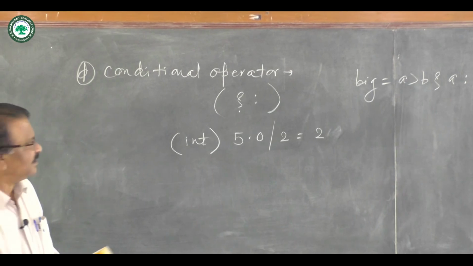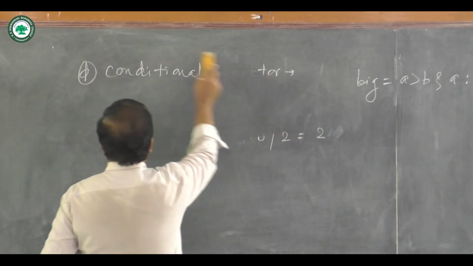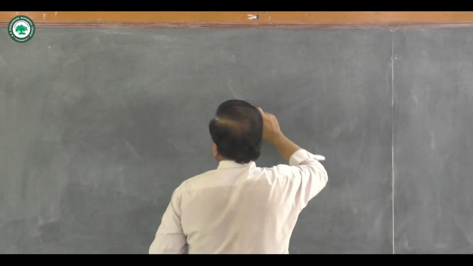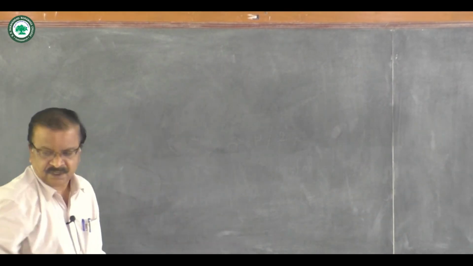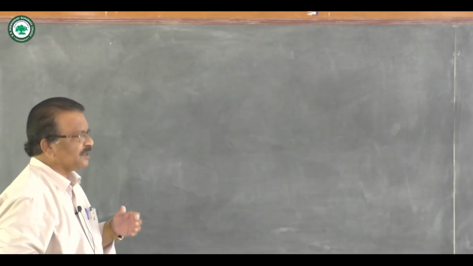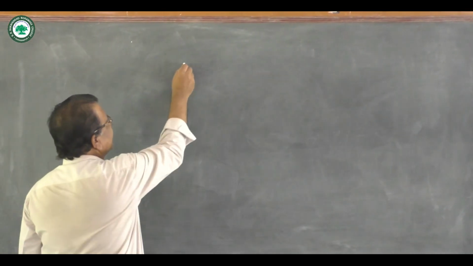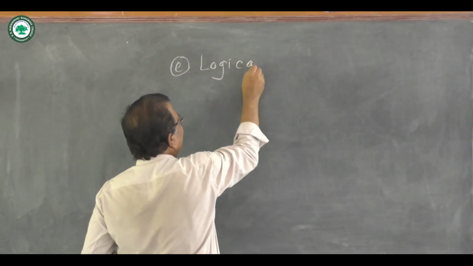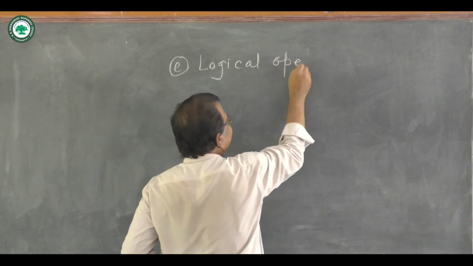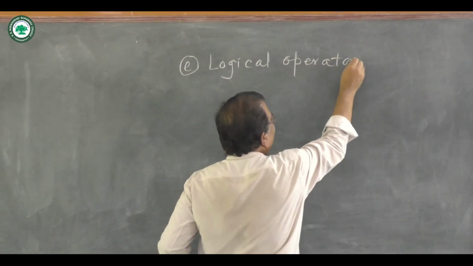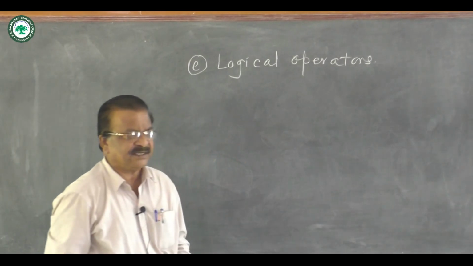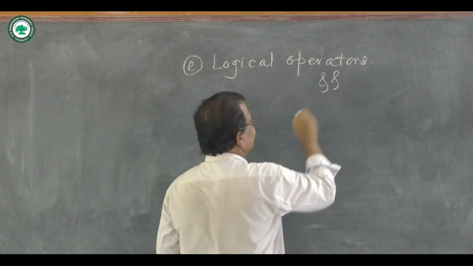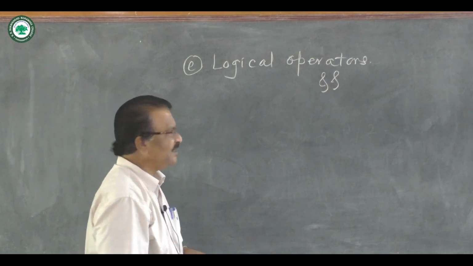Okay, then the next operators which we have are logical operators. They are used to perform logical operations. There are three logical operators in C. The first one, having the highest precedence, is NOT.